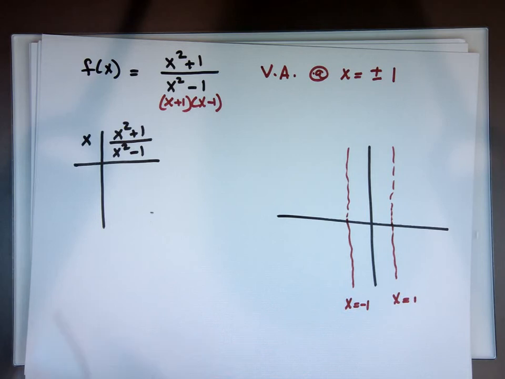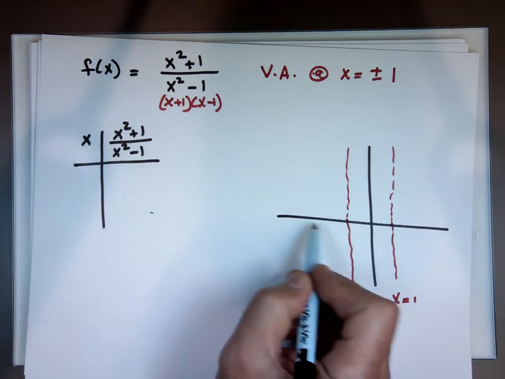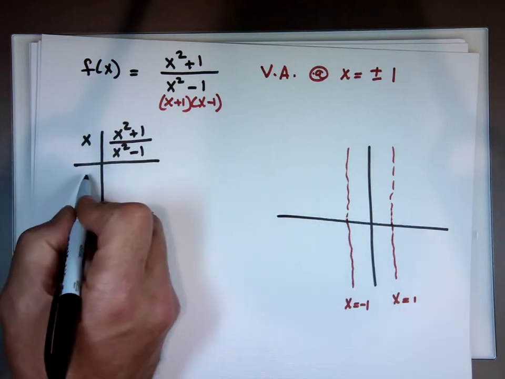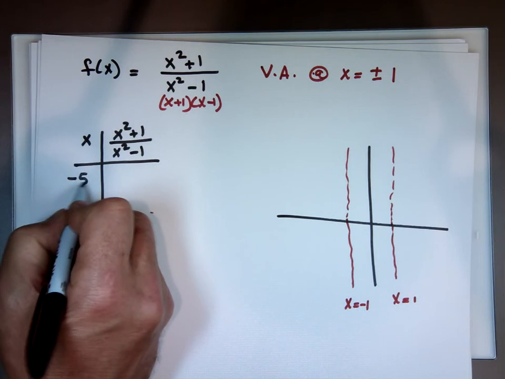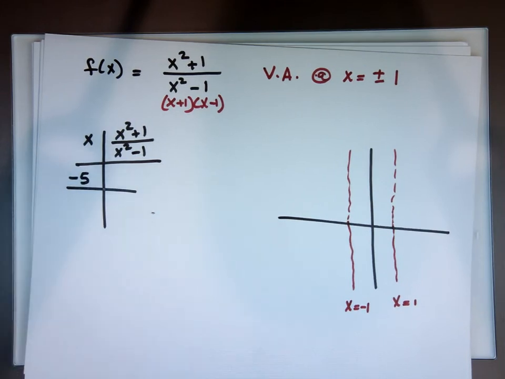Let's pick some values. Let's pick a number to the left of -1. Should we try like a -5? If you plug in -5 in it, I think I froze my calculator, just died. Wait, is it? Yep. My calculator just froze. Okay, clear.